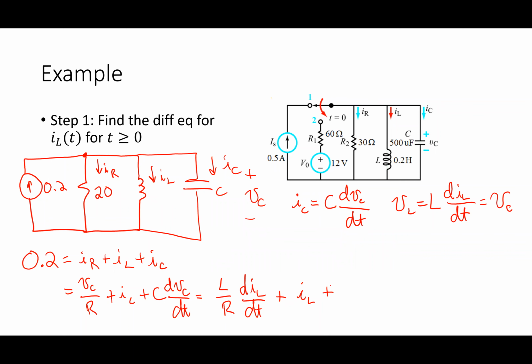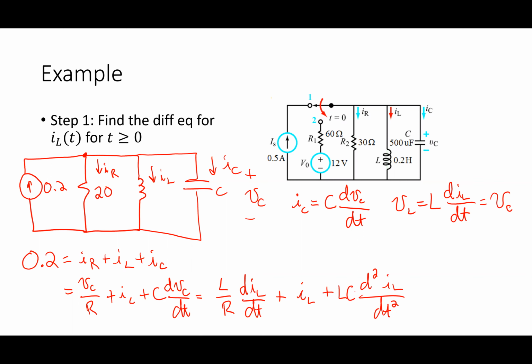D squared IL by dt squared times what? LC. Yeah, LC. We, for whatever reason, often say it as LC, right?